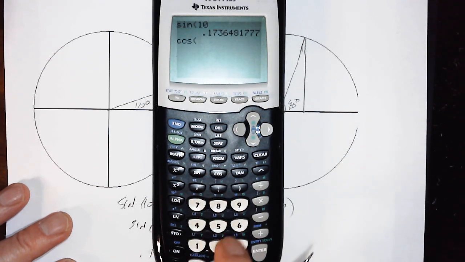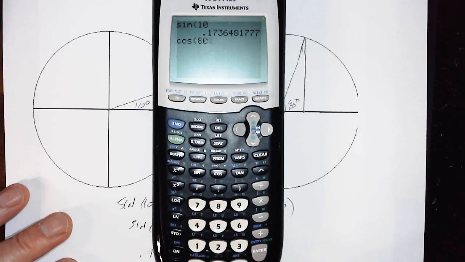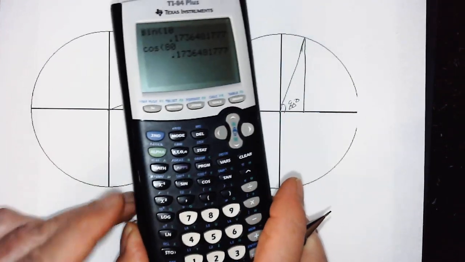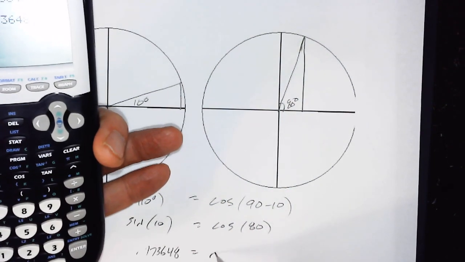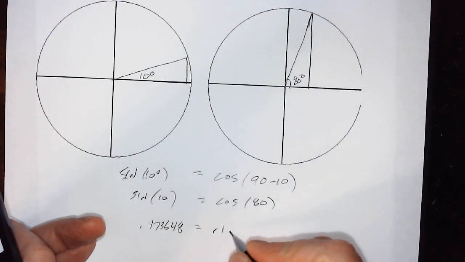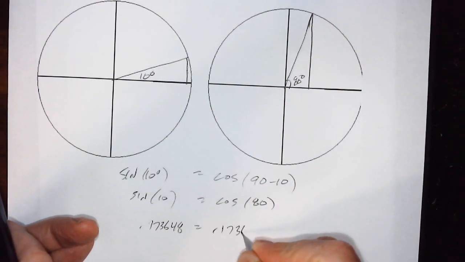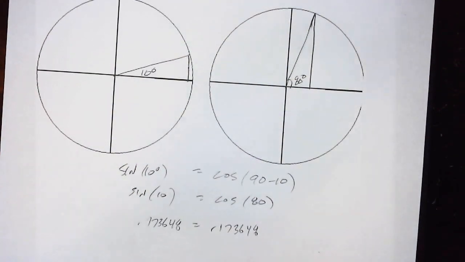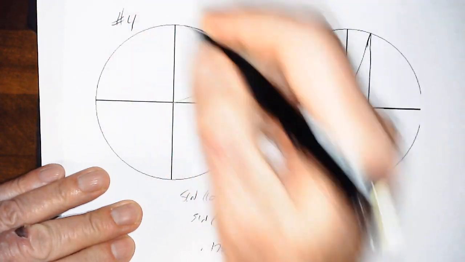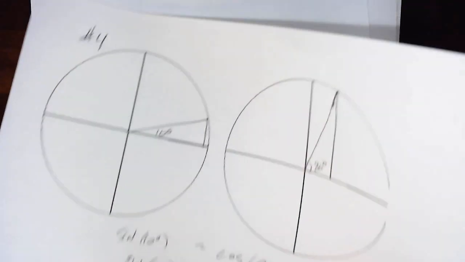The cosine of 80 is, not surprisingly, the same number, 0.17. So anyway, that's the idea behind this whole problem here. Now, let's work the actual problem, because we're going to just use the same formula.